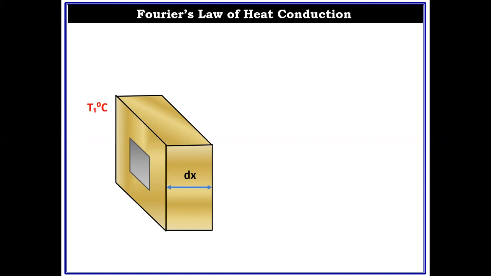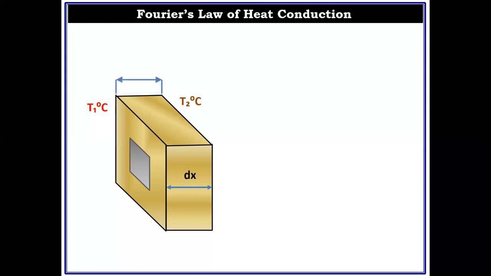One face is maintained at temperature T1, the second face is maintained at temperature T2, and T1 is higher than T2, so heat will flow from the left face to the right face. But as it is masked all over, it will flow through only the center portion. Here we are considering only unidirectional heat flow, that means along the dx direction.